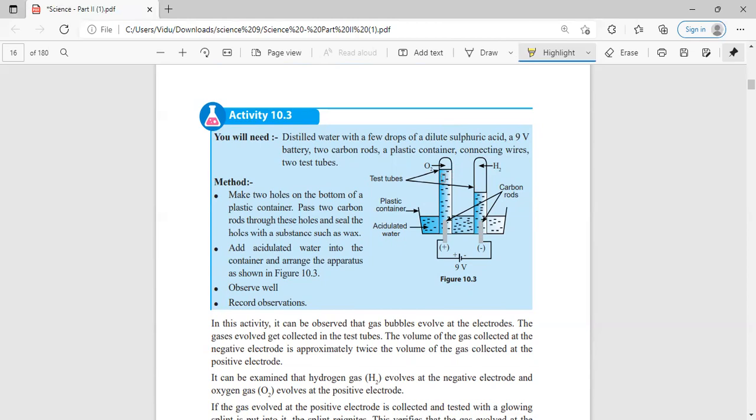The volume of the gas collected at the negative electrode is approximately twice the volume of the gas collected at the positive electrode. As you can see, it can be examined that hydrogen gas evolves at the negative electrode and oxygen at the positive electrode.